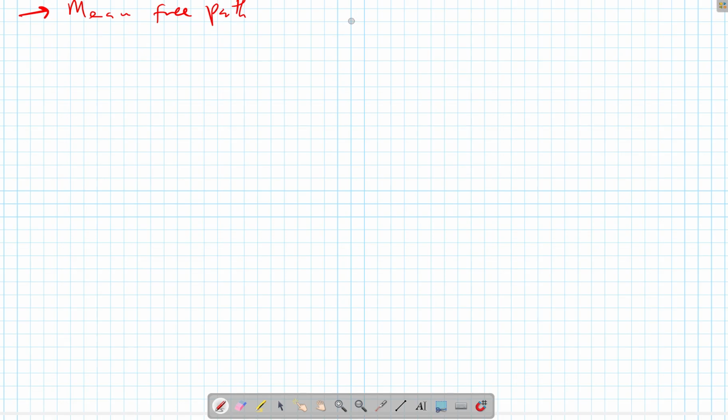So that is mean free path. And from that, there is going to be something again in which we're going to make use of. It is called collision cross-section. So let's discuss these two things, beginning with the first one, mean free path.